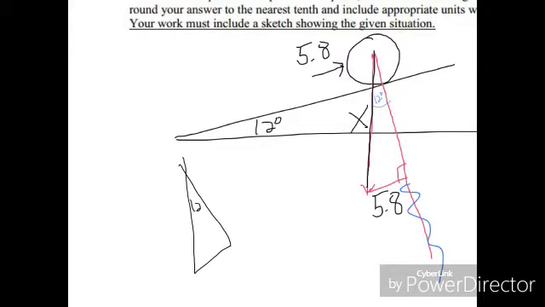We have 12 degrees here, we have 5.8 here, and we're looking for x. Right triangle. From the 12 degree perspective, opposite and hypotenuse will give us an equation for x. This is sine. Sine 12 degrees equals opposite over hypotenuse.